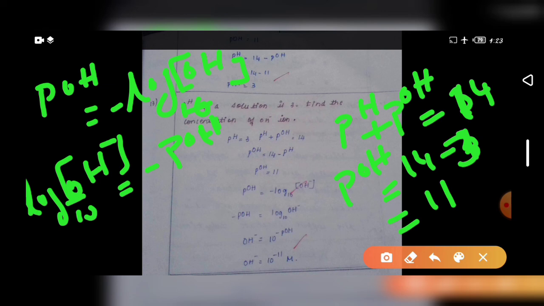First you have to remove the log, so OH minus ion concentration is equal to 10 power minus pOH. The pOH value is 11, so you substitute here: 10 power minus 11. Put the unit, mole per litre. So OH minus ion concentration is equal to 10 power minus 11 mole per litre.